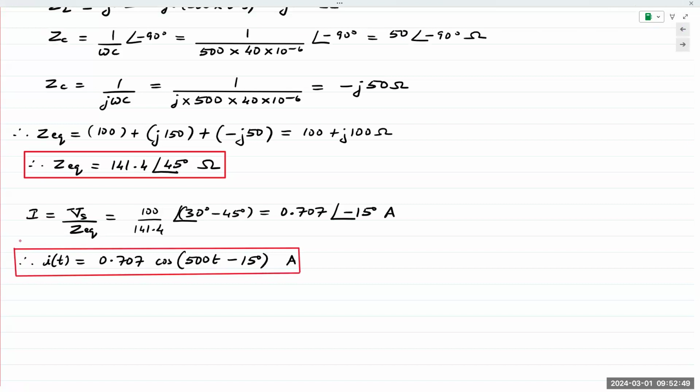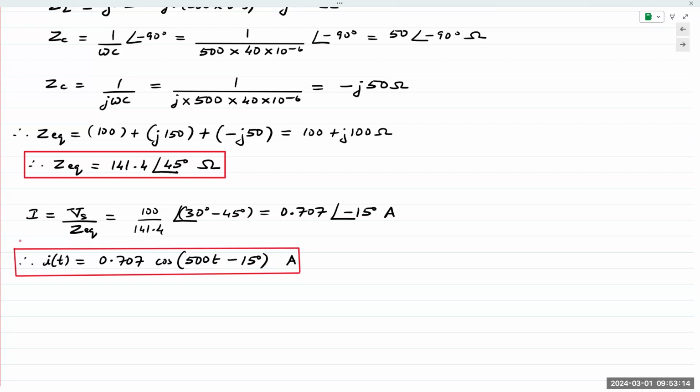It's simply an inverse phasor transform from the peak values and the phase angle. So 0.707 cos of 500t, that's the original value of the frequency in the problem, and minus 15 degrees. Does that make sense to everyone?